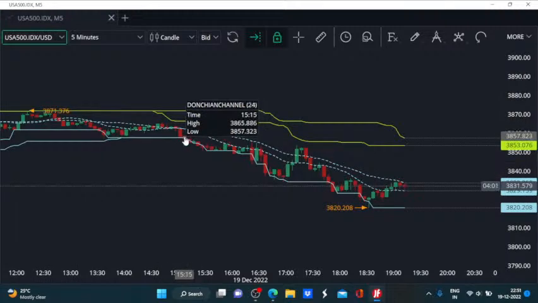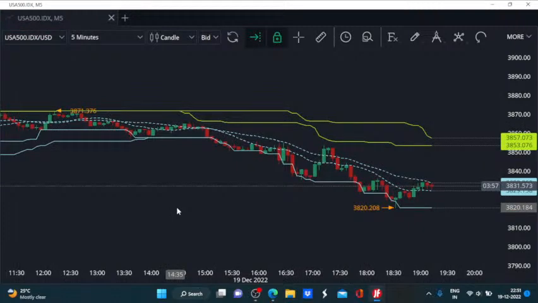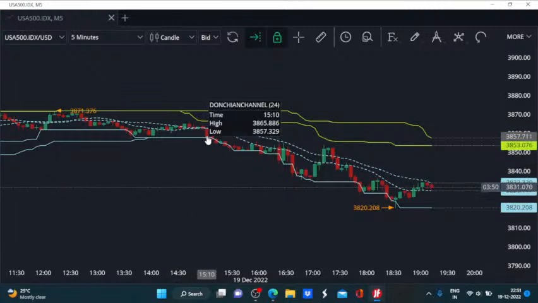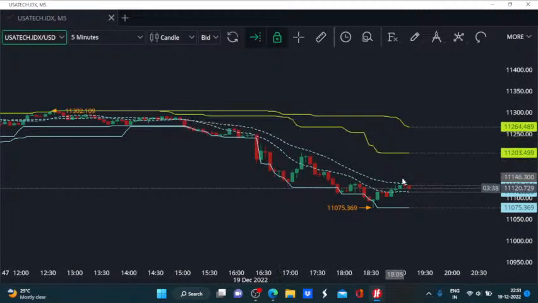And if we compare the magnitude of decline, that's the advantage with Nasdaq, where the magnitude of decline is higher compared to what we are observing for the S&P 500. So we will take the trade with the Nasdaq instead of going with the S&P 500 if we have to go for the short sell.